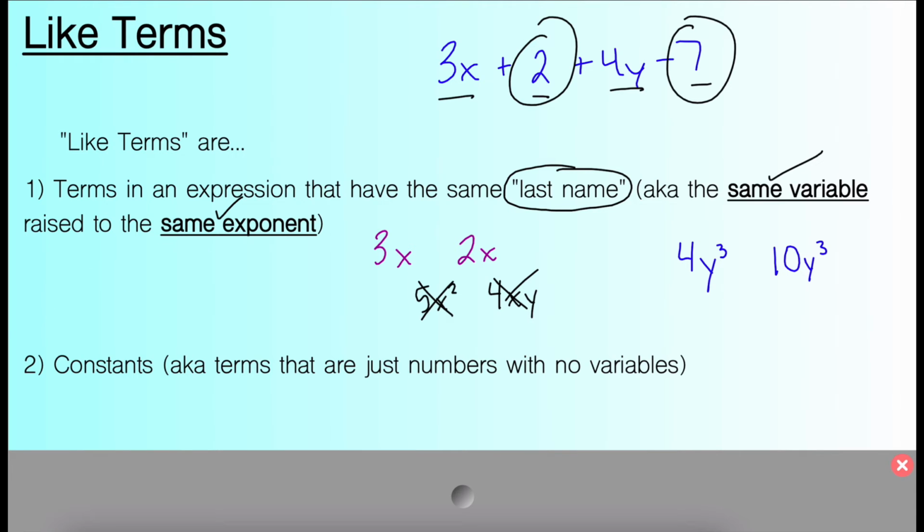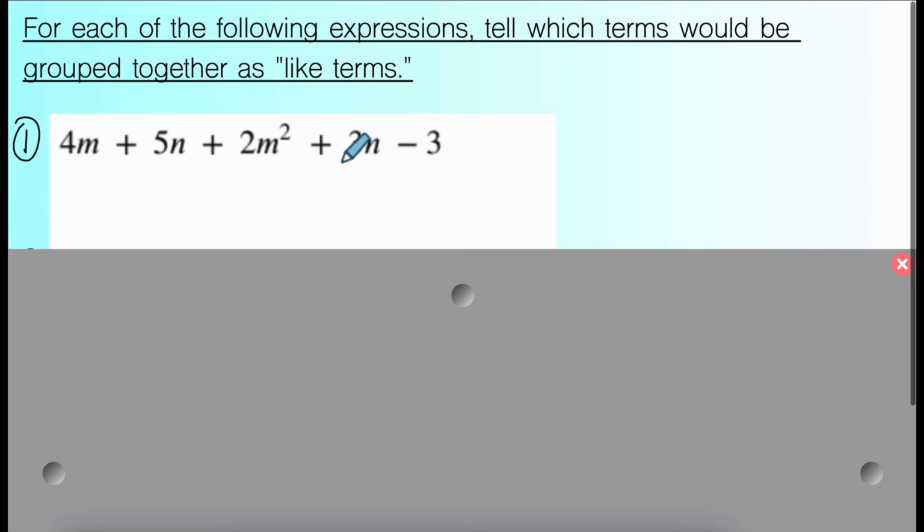And quickly, let's look at a couple of expressions. All we are going to do is identify the like terms in each of these expressions. In this first expression, I noticed that there's 5n and 3n. Those both have the same last name, n, and those would be considered like terms together.